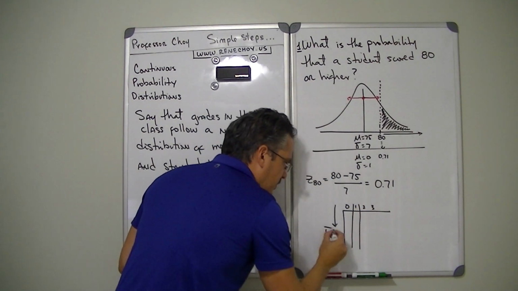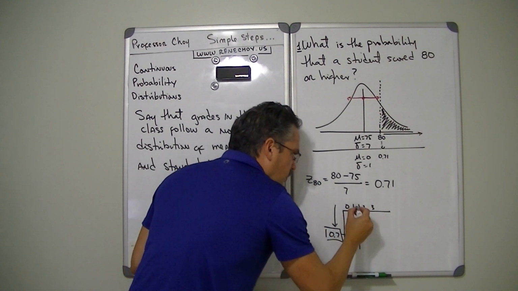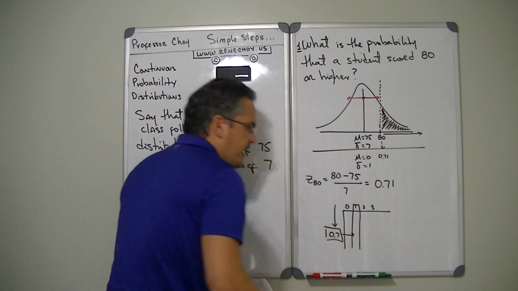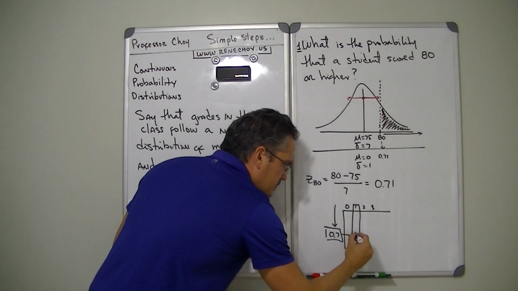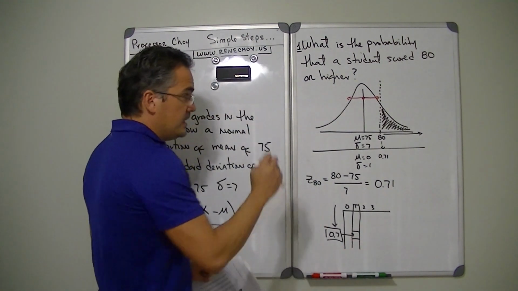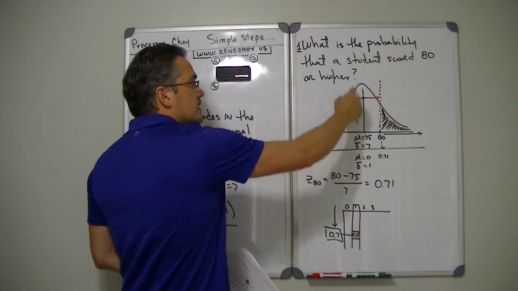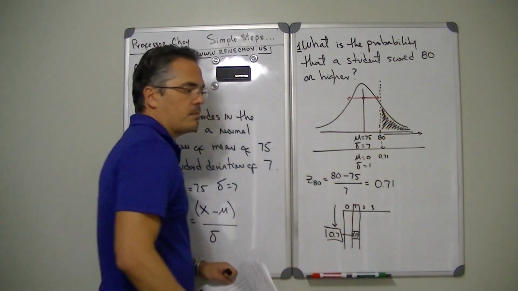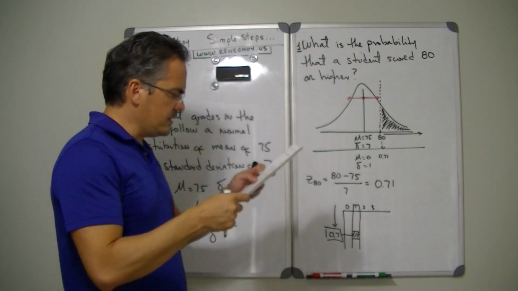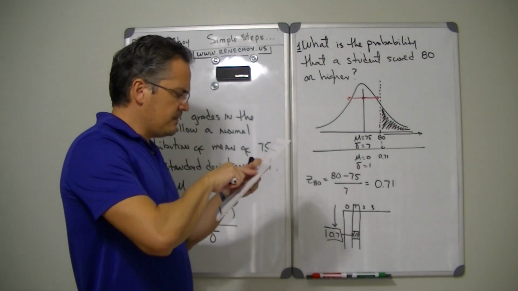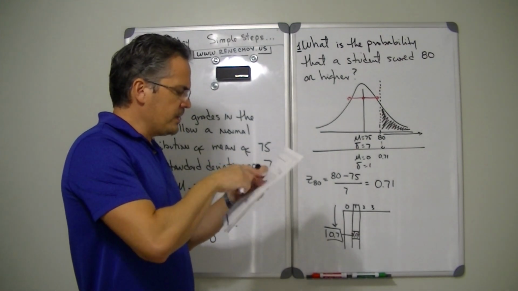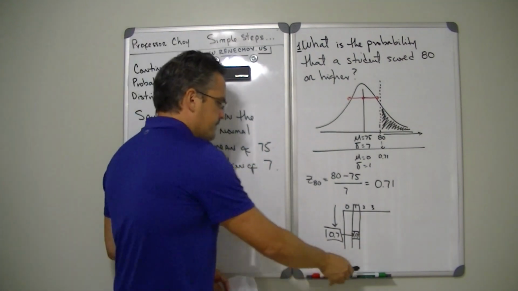So it's 0.71. It will be there. Now whatever number is here is, in this particular table, the probability between the center and that number. Alright, and the answer in this case, for 0.71, the probability is 0.2611.